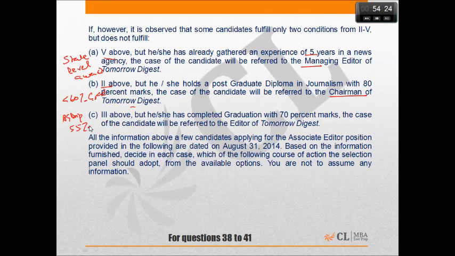So these are the things to consider, without assuming any information.